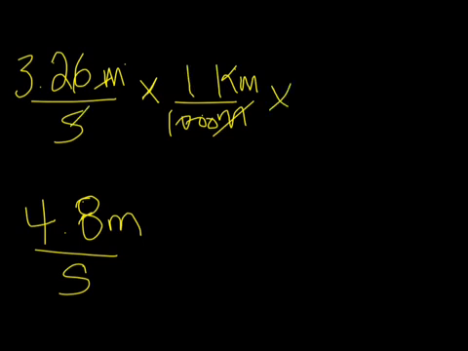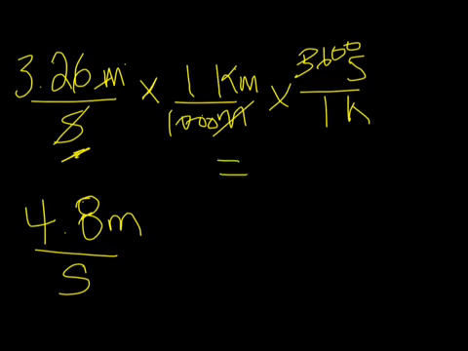If I wanted to get rid of seconds, though, seconds need to go in the top because they were in the denominator over here, right? So seconds go in the top and hours go in the bottom. So 3,600 seconds for 1 hour is going to give me the total conversion. The hours stick around, seconds cancel out.